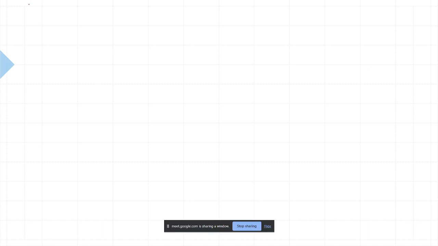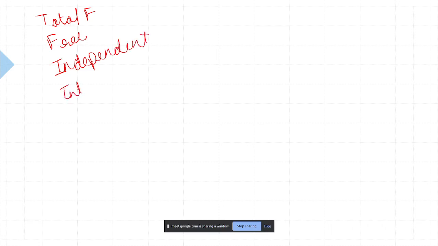How many types of floats are there? I will say there is total float, free float, independent float, then you have interfering float. If I go on writing, it would be like start restricted float and restricted negative. It's a big family there. So we'll be discussing these four majorly.